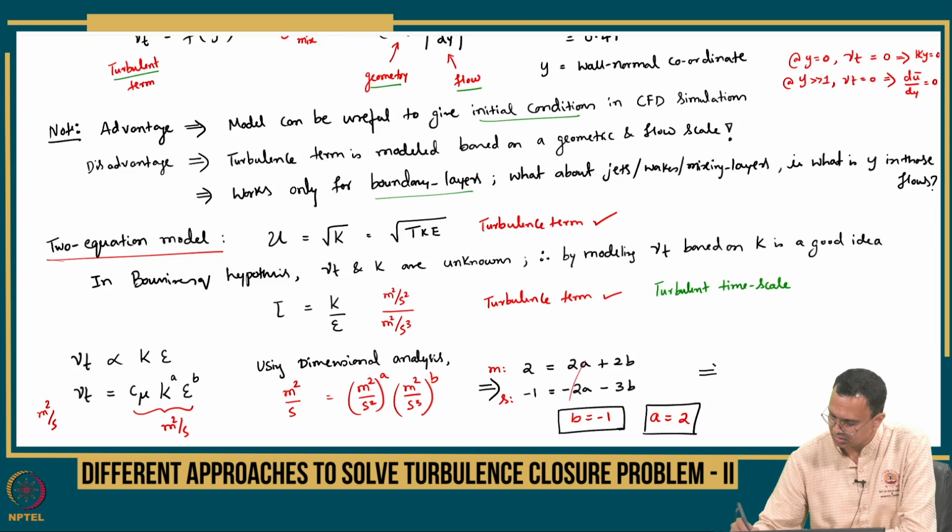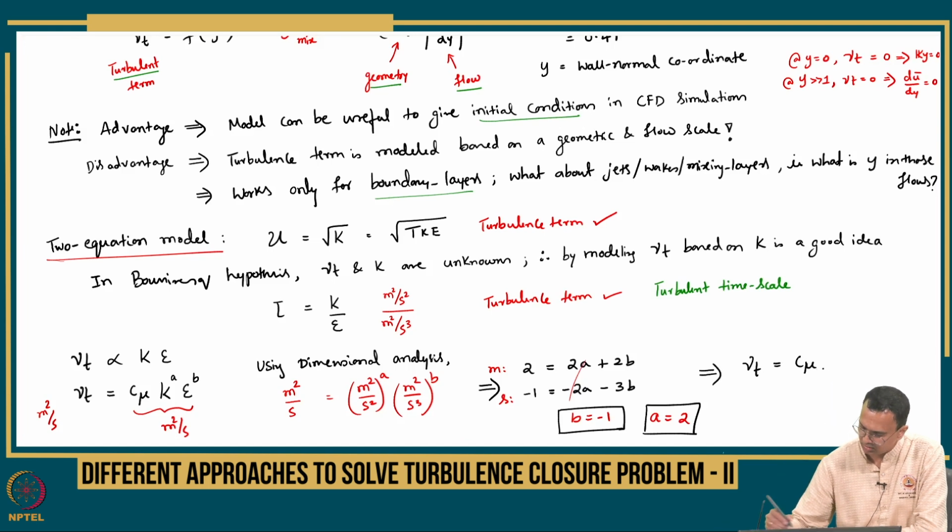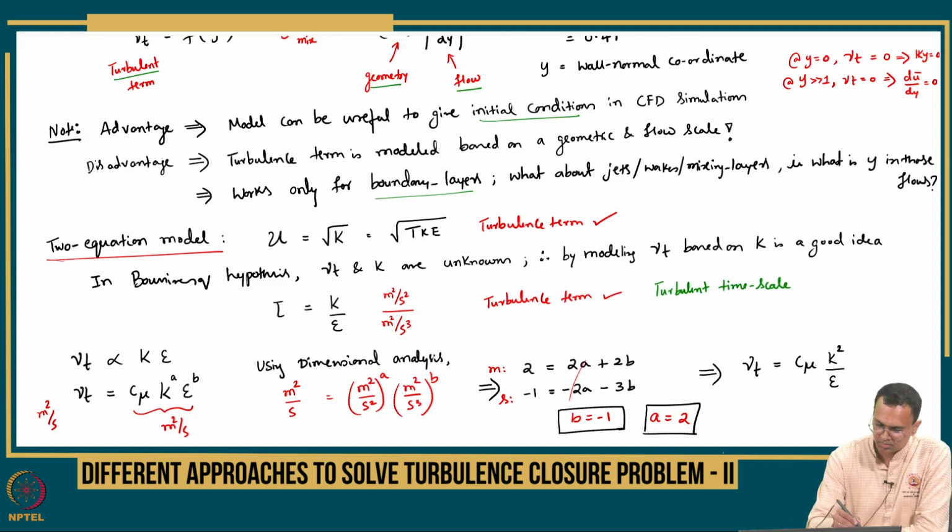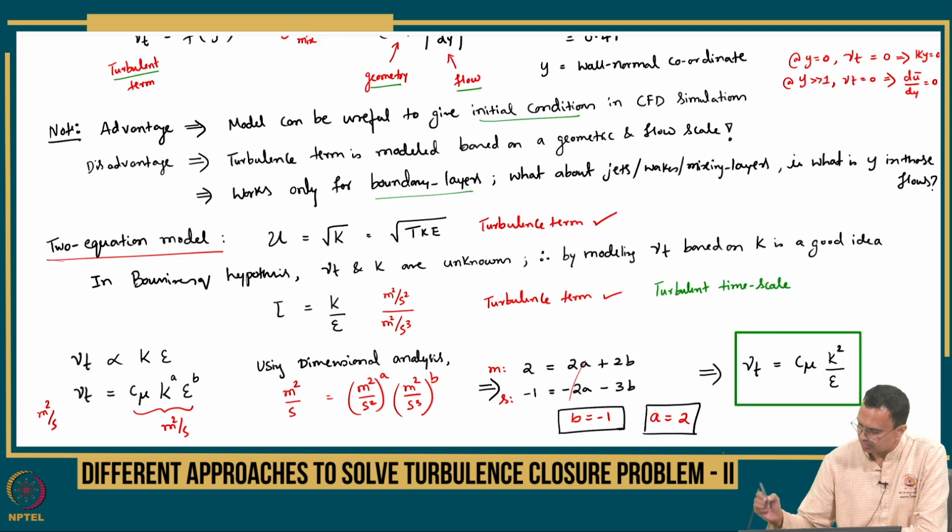So therefore, what does this yield? The model now will be nu-t equals C mu k squared over epsilon. This is the expression used in the so-called k-epsilon eddy viscosity models. Nu-t is computed using C mu k squared by epsilon, but of course we have not yet touched upon what epsilon is, how it is modeled, how k is modeled, how C mu is modeled.